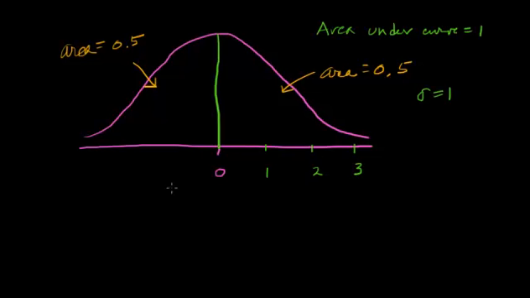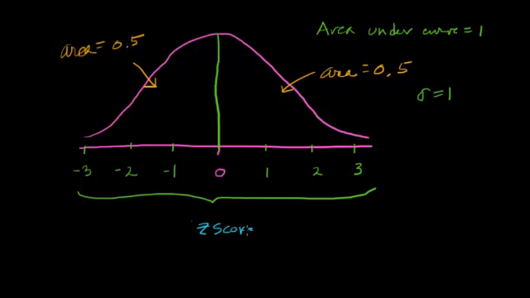We're talking about z-scores, right? Here is 1 standard deviation below the mean, 2 standard deviations below the mean, 3 standard deviations below the mean. So these are what we call our z-scores. And this is our mean of 0 right there.